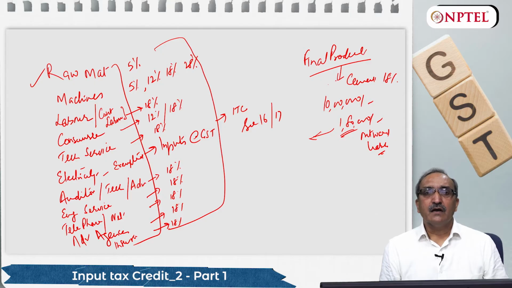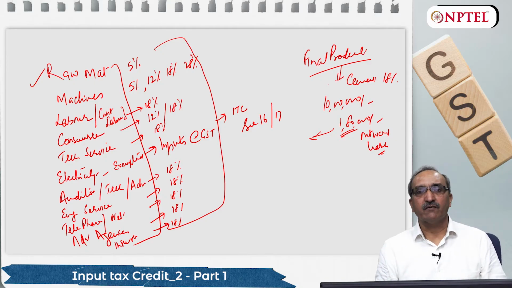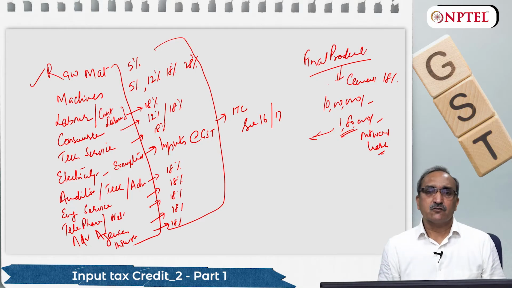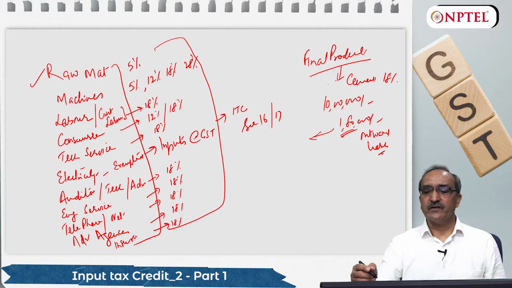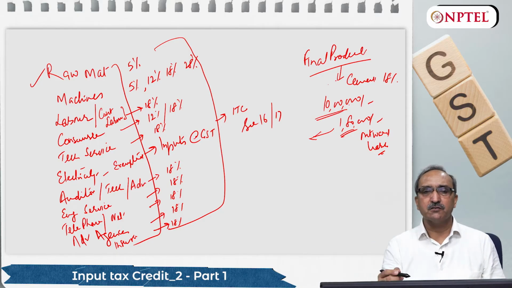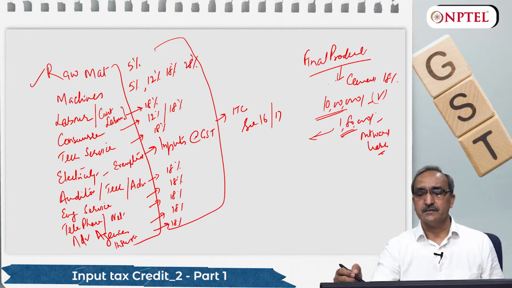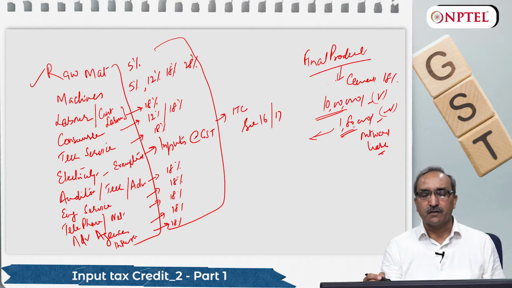How we upload under GST, we will discuss in our return session when we talk about filing of returns under GST. So this way, when I sold this much of cement, I have declared to the government that I have sold this much of cement, and that I have this much liability of taxes to be paid through the GST portal.